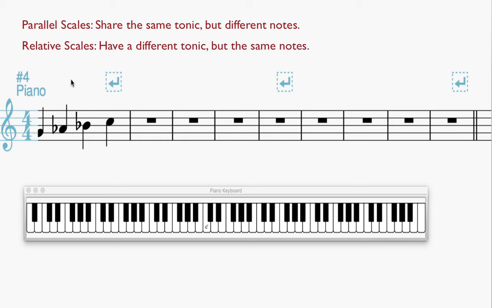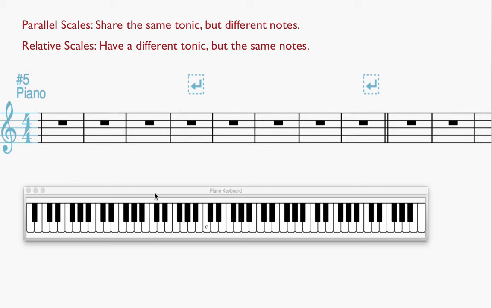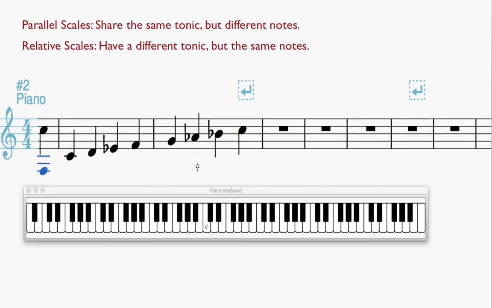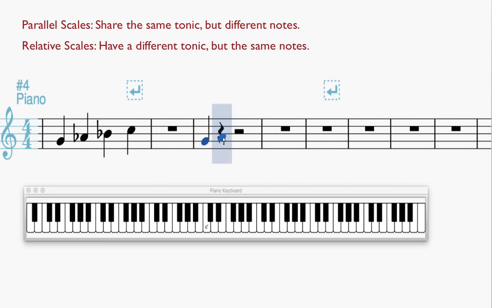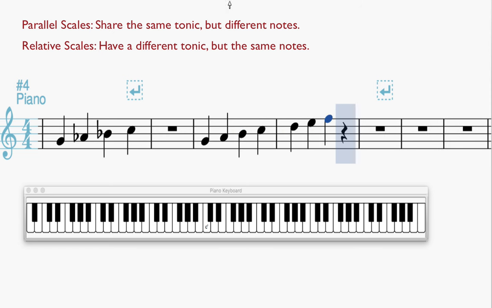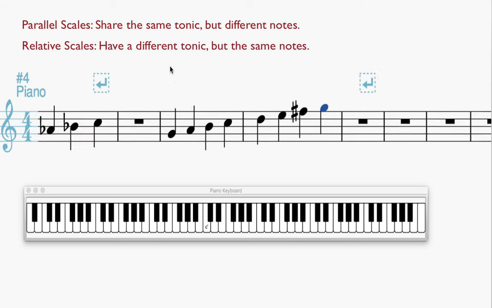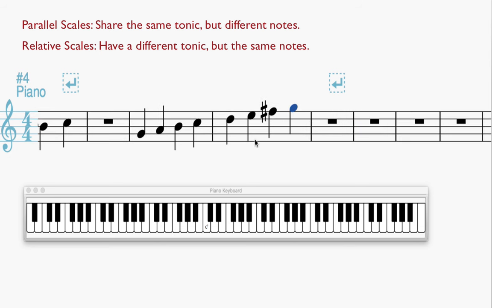Let's do a G major scale. No key signature. It's because we're going to get wild. F sharp. Okay, so here's a G major scale, and we know that if we want to find the parallel minor scale, meaning a G minor scale, that's what parallel means.